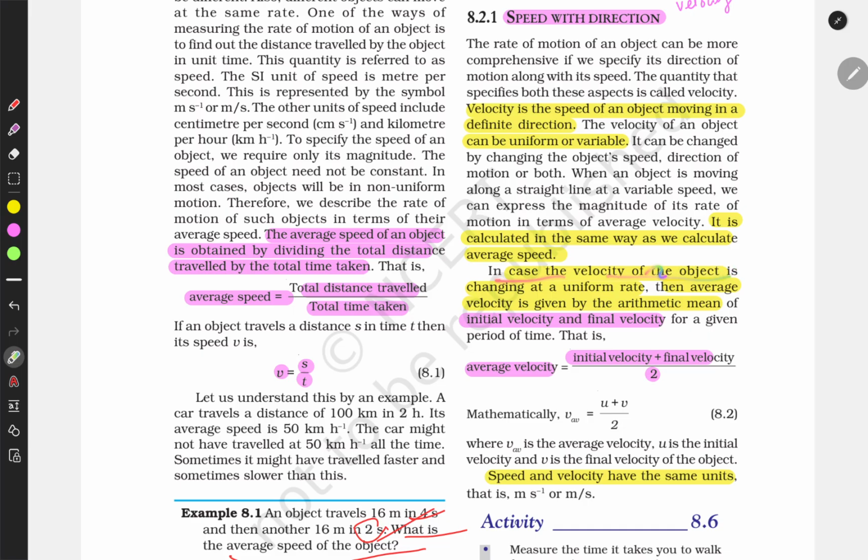If the velocity of an object is changing at a uniform rate, then the average velocity is given by the arithmetic mean.